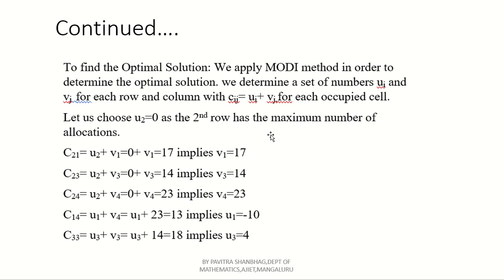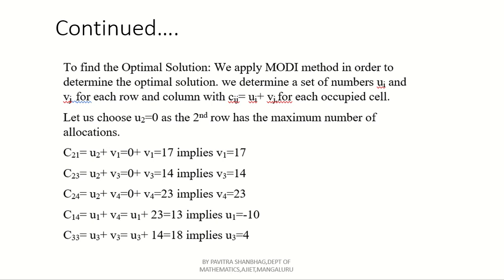Now since u2 equal to 0, you can find particular Cij from this. Because u2 is 0, C2j is nothing but u2 plus vj, so that we can find all the remaining cells easily. For that purpose we have to use which formula? See here, consider the particular row first.